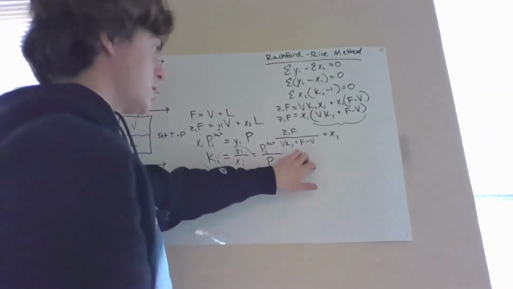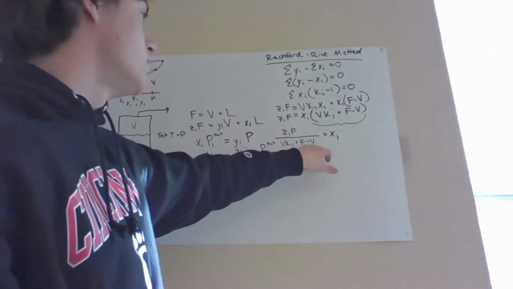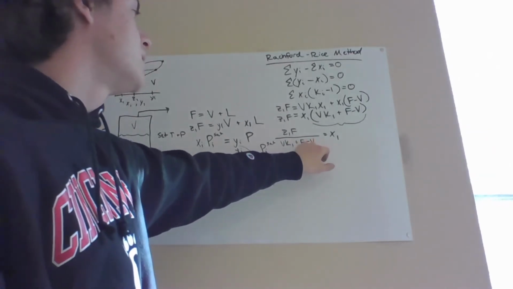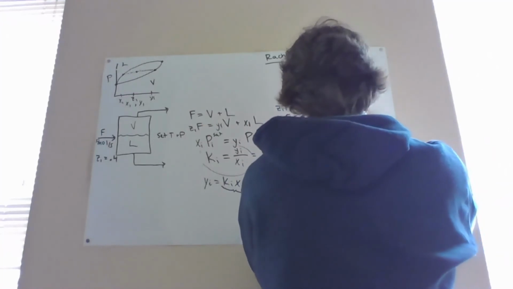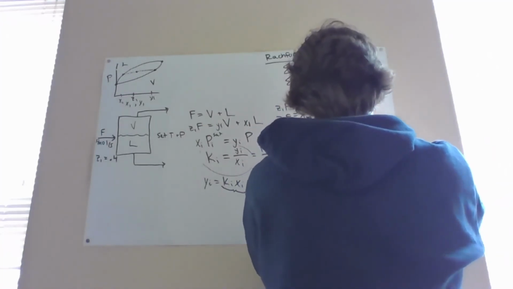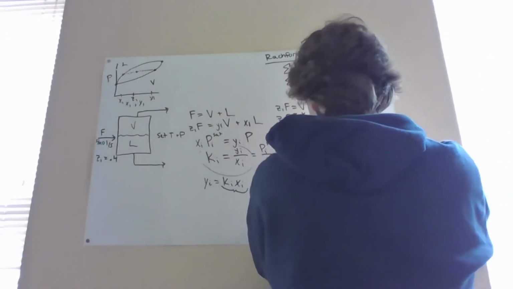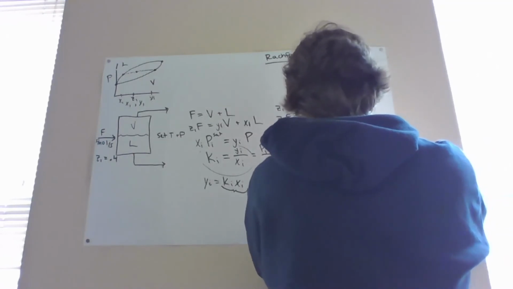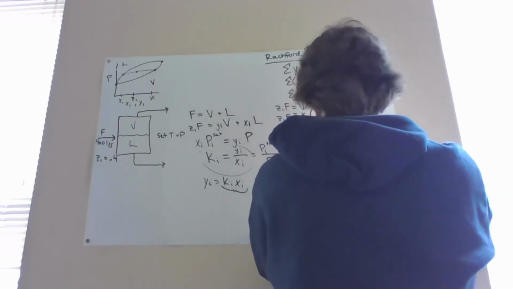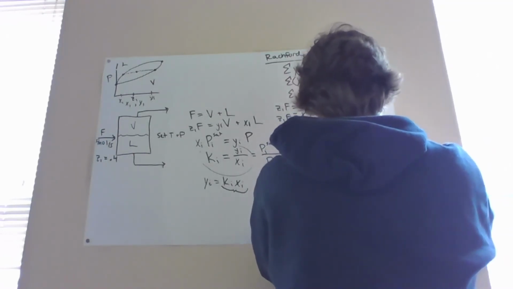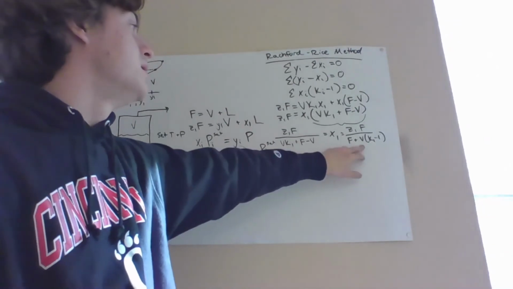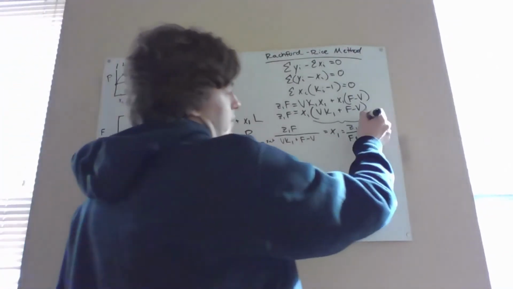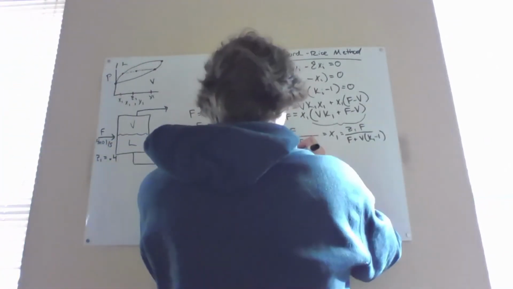That gives this expression here, and I'm going to factor out the moles of vapor to simplify this expression a little bit more. Now we can divide the right side by F to get rid of the F in the numerator.